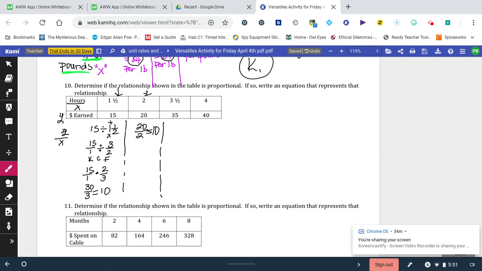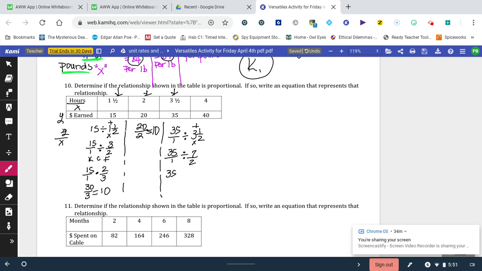All right, because I have a fraction in this column, I'm going to use the division symbol instead of the division bar. Your y is 35. I'm going to put 35 over 1 divided by 3.5. 35 over 1, leave it for right now. Change 3.5 to an improper fraction, which ends up being 7/2. Then I'm going to multiply by the reciprocal.